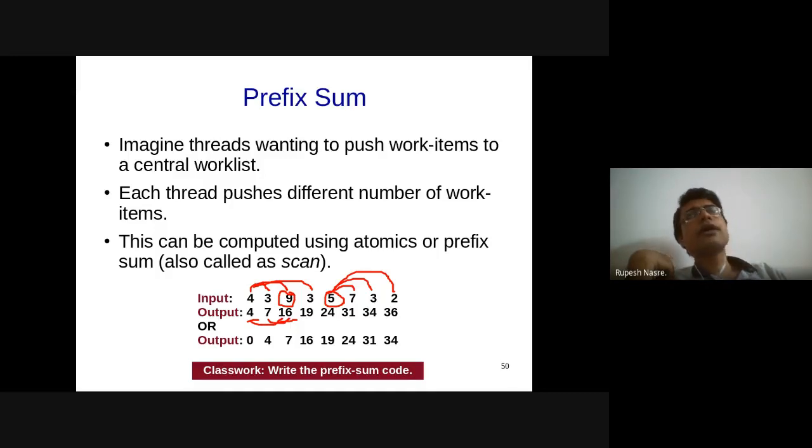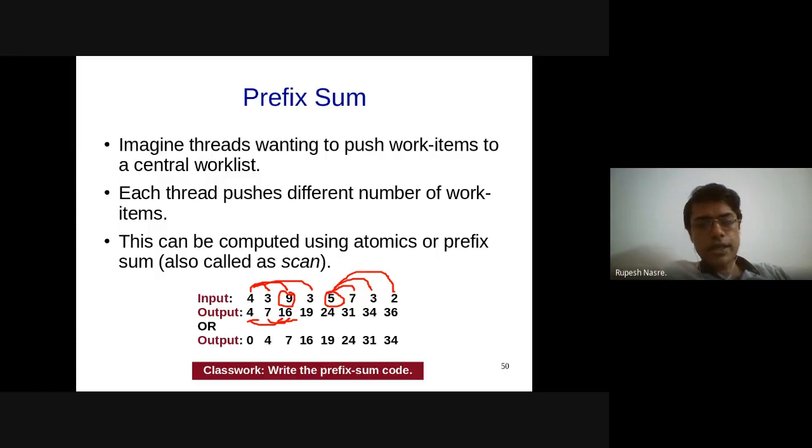Because a of I is being written by, no, I think there is some issue. A of I is going from 0 to thread ID, which means that a of 0 is being written by multiple threads. Right? So similarly, except for a of n-1, everything will be written by more than one thread.